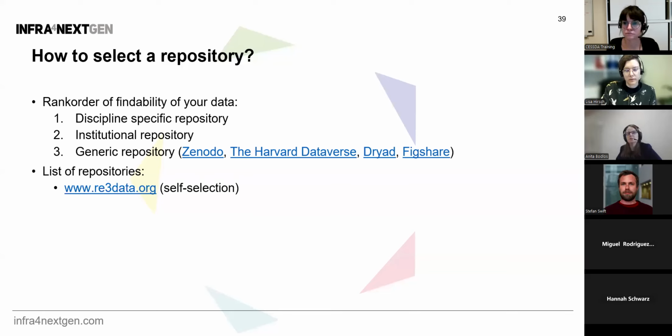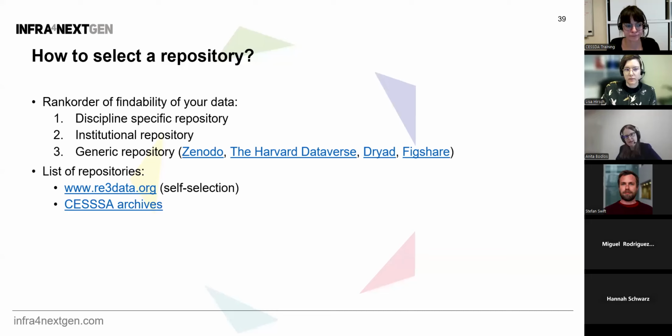So as soon as a repository has published one dataset, for instance, they can enlist here at this platform. So although there are many good repositories there, there are also repositories on re3data that may not fulfill all the requirements of a trustworthy repository.